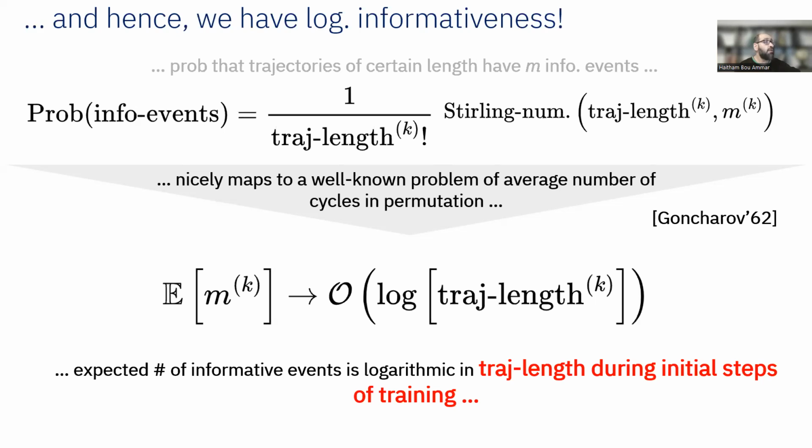What does that mean? It means that the number of times the reward is informative and provides some supervision is logarithmic in the length of the trajectory.